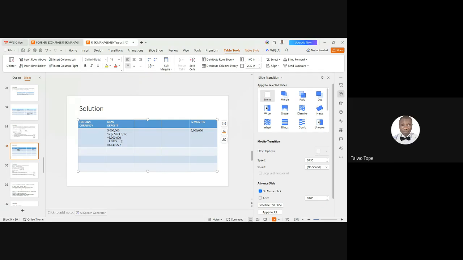So now, for you to pay 5 million in 6 months time, you can make a deposit of this amount. As you make a deposit of this amount, now the bank will give you interest on it that will result into 5 million perfectly in the next 6 months. So this is with foreign currency.